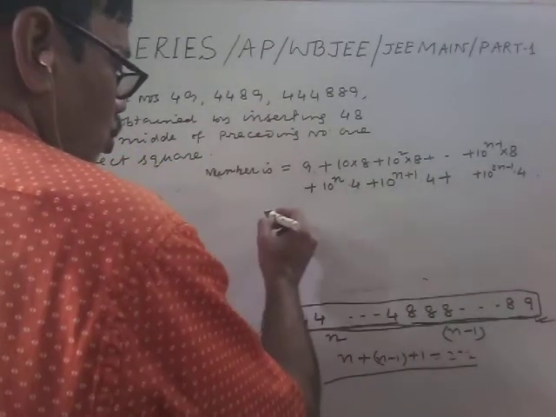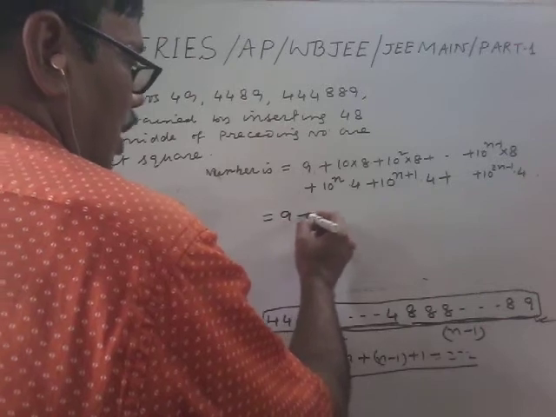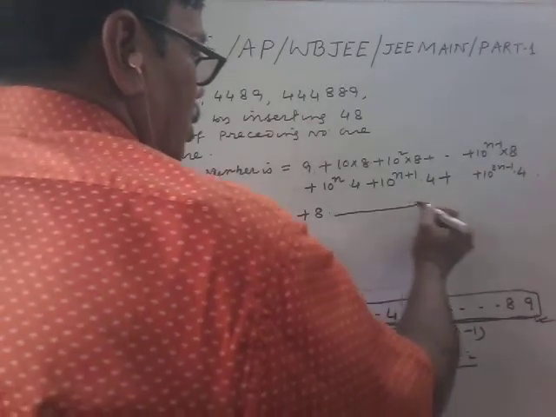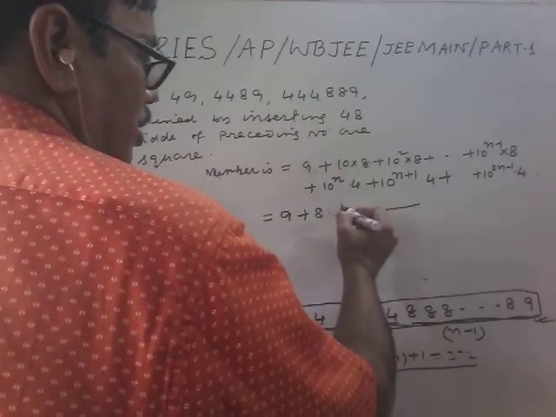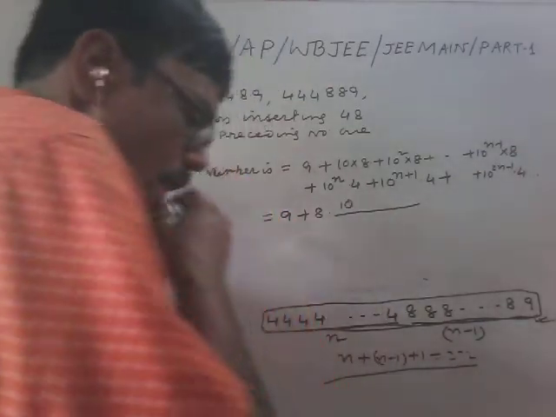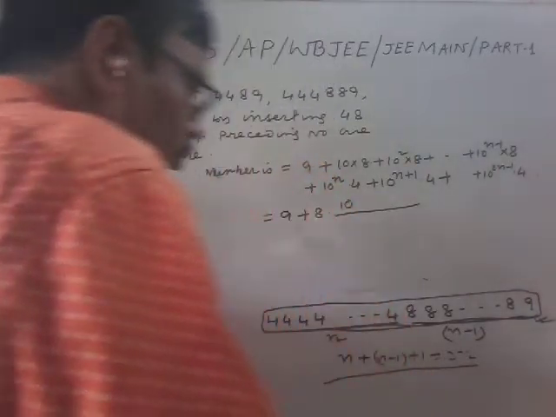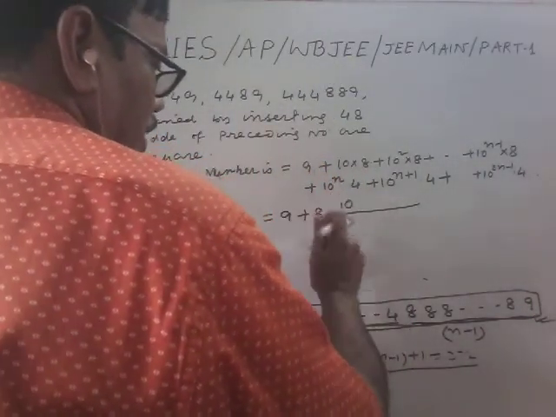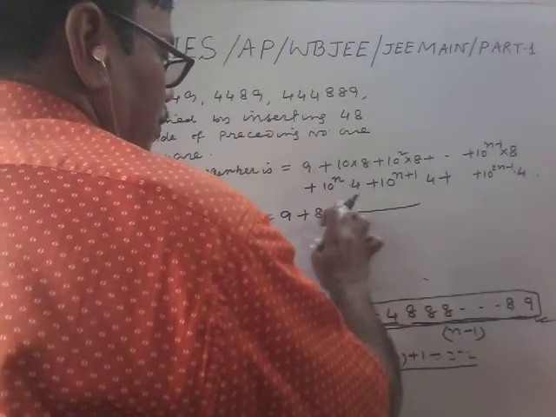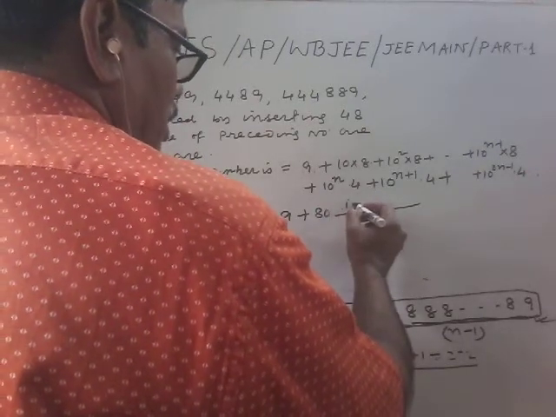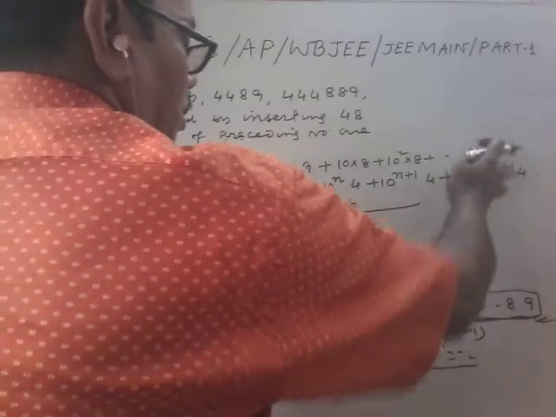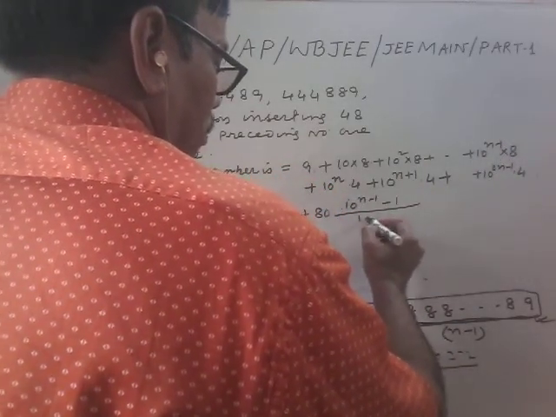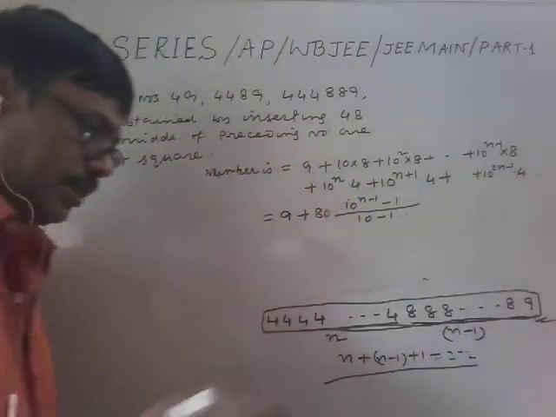Now we want to add this. 9 as it is. 8 common, 10 common, so 80 we can take out. The common ratio is 10. So 10 to the power n minus 1 by 10 minus 1.